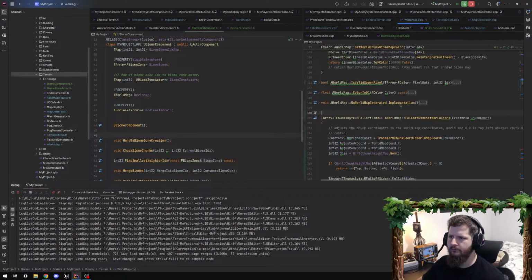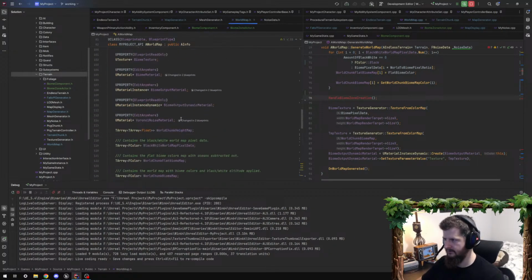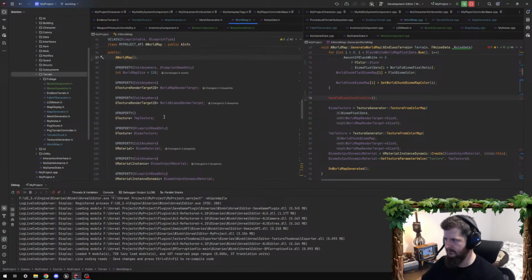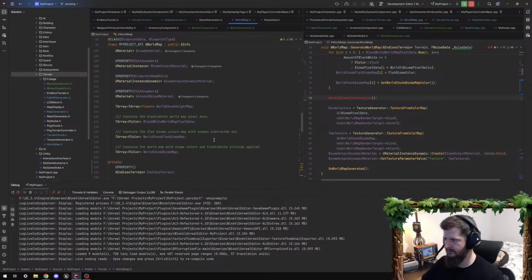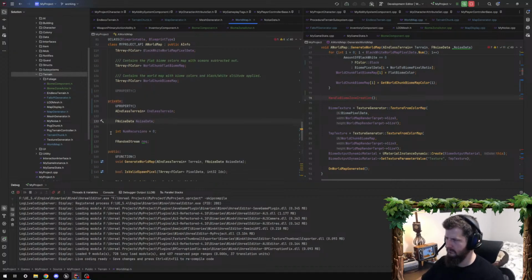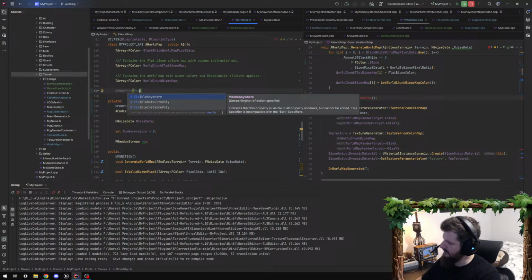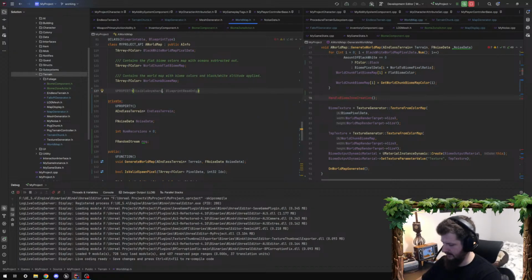Okay, so in world map now, what's wrong here? Handle biome zone creation. And so I will need to have a component in here. Can I get rid of everything? I'll do visible anywhere. Do I want to do that? Sure, why not?